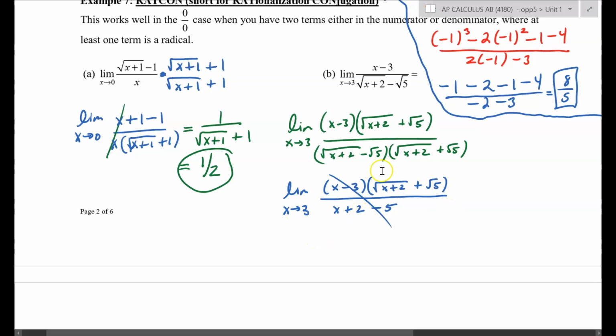And where are you plugging in 3? Into what's remaining. So either way, it would do the same thing, right? You're still finding the limit at that point, right? So if I plugged in 3, what do I get? I get radical 5 plus radical 5. What's radical 5 plus radical 5? If you say radical 10, I'm going to throw my digital pencil at you. 2 radical 5. It's 2 radical 5, right?